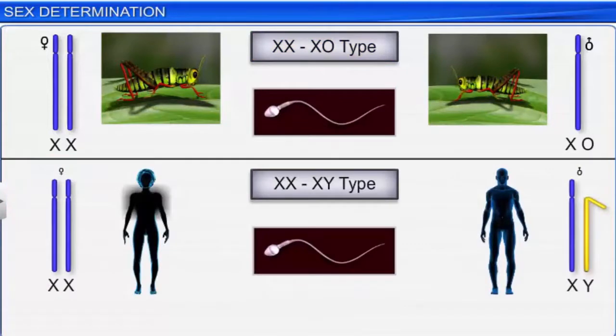Therefore, we have seen that in both the XX-XY and the XX-XO mechanism of sex determination, it is the genetic makeup of the sperm that determines the sex of the offspring. Such a system of sex determination is known as male heterogamety.